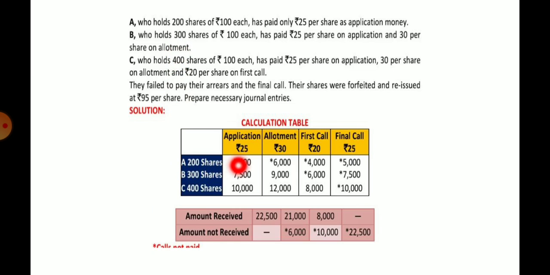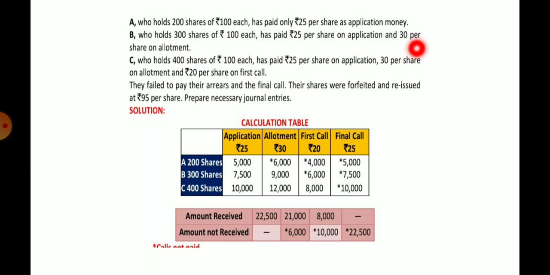So, A holds 200 shares as mentioned in the question. Okay, he paid only application money, that is 25 into 200, 5,000. But he did not pay allotment, first call and final call. So the remaining amount he did not pay.